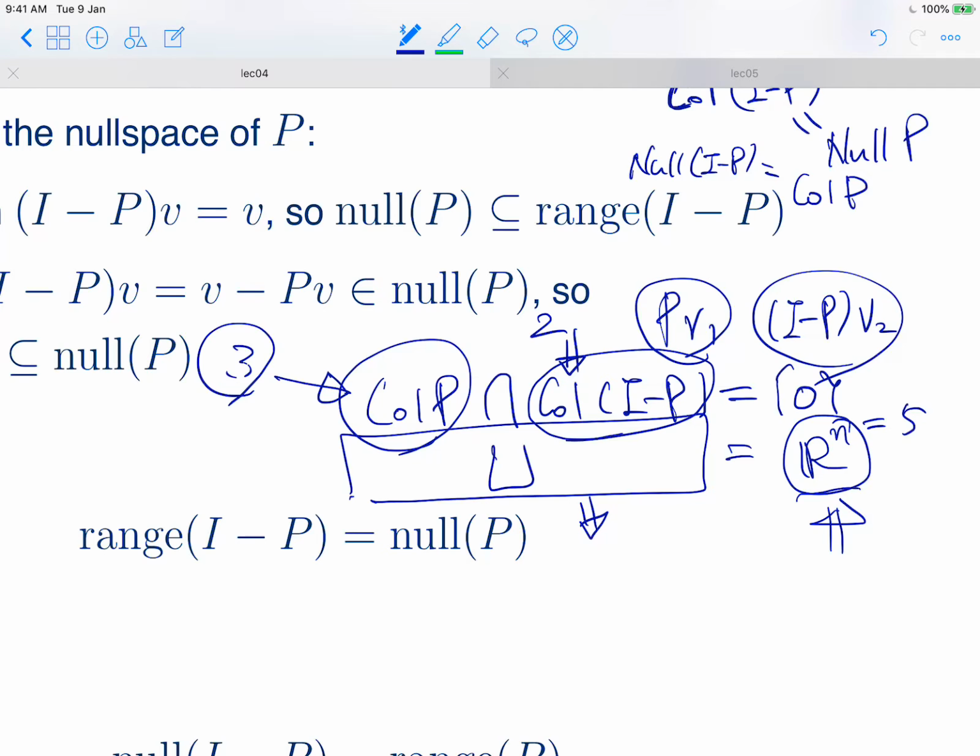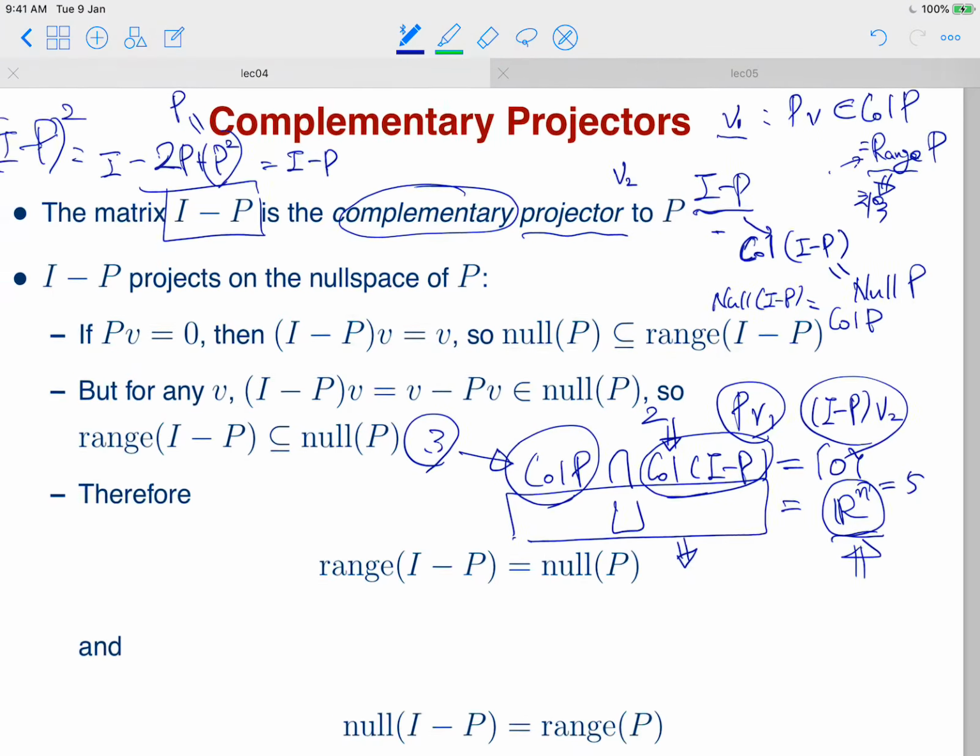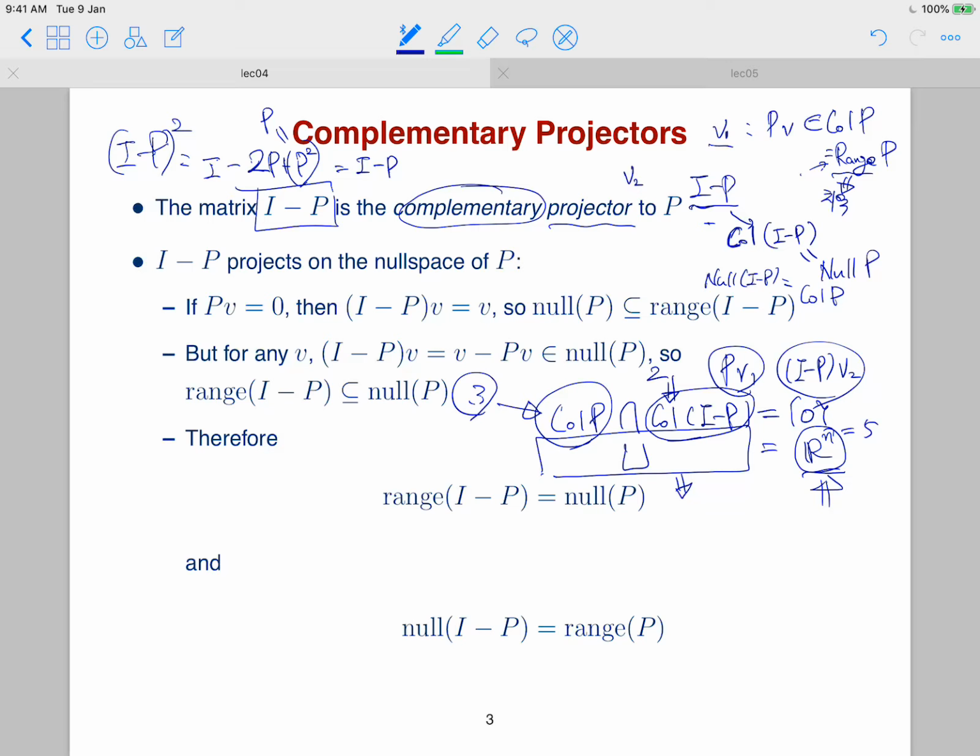Their bases, like 3 bases and 2 bases coming from each of these 2 spaces, can be combined and used as a new basis, and then we can represent any point in R^n, which means that by using the 2 sets of bases, we can entirely cover this R^n. So that's the meaning of this complementary kind of subspace. Okay, and this I minus P and P will have this kind of relationship.